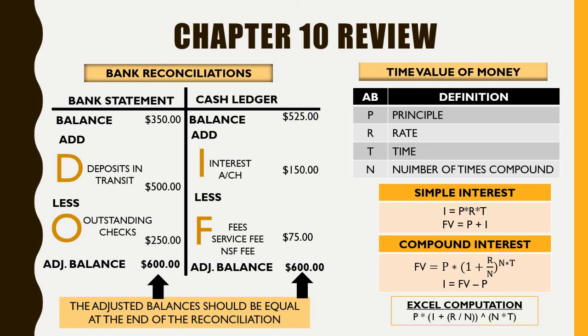Ifs stands for your interest or auto clearinghouse, whatever income, and you're going to subtract out your fees, which is your service fees, NSF fees, whatever it is. So you're always going to have ifs when you're dealing with our cash side. And at the end of your bank reconciliation, your ending adjusted balance must match at all times. Okay? So once again, if it's bank, you got to do. If it's us or cash, it's ifs. Okay? All right. Any questions?